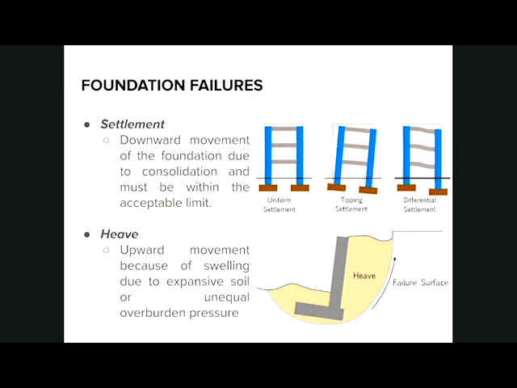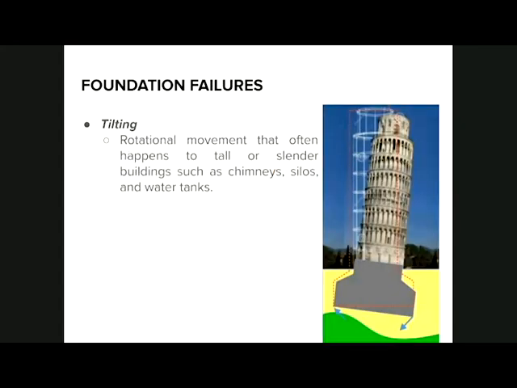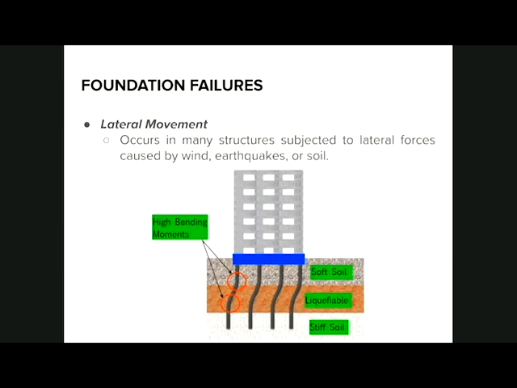Next, tilting, a rotational movement that often happens to tall or slender structures such as chimneys, silos, and water tanks. Next, lateral movement occurs in many structures subjected to lateral forces such as wind, earthquakes, and soils.